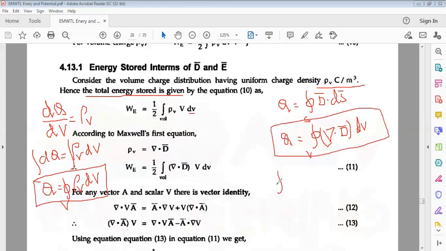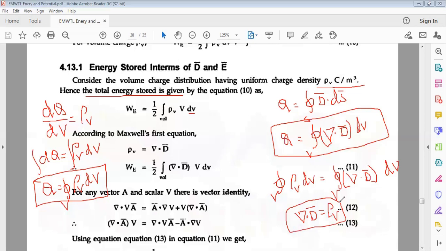Comparing these two equations, the volume integral of rho v dv is equal to the volume integral of del dot D bar dv. Okay, so on both sides we have the volume integral, remove that volume integral, and finally we get that del dot D bar is equal to rho v. So the first Maxwell's equation proof by using Gauss's law for the electric field.